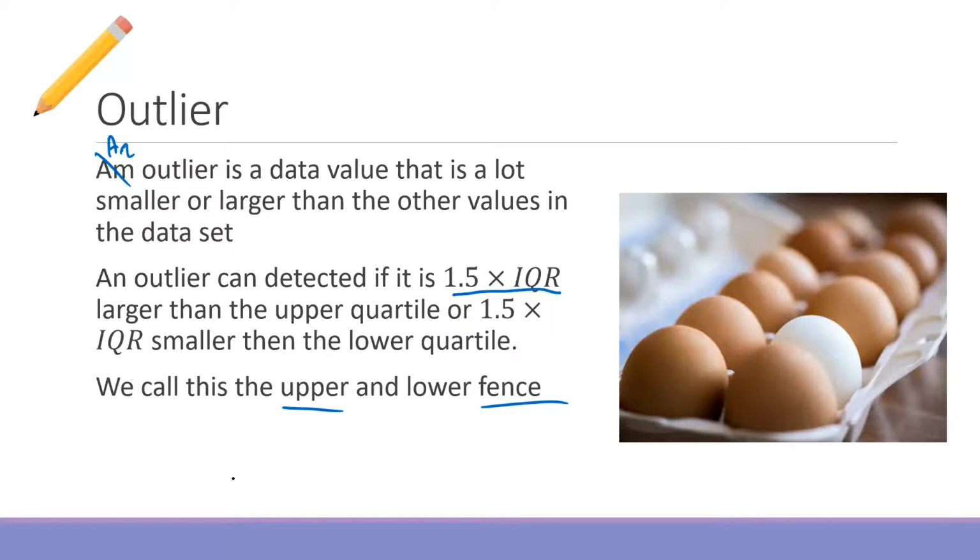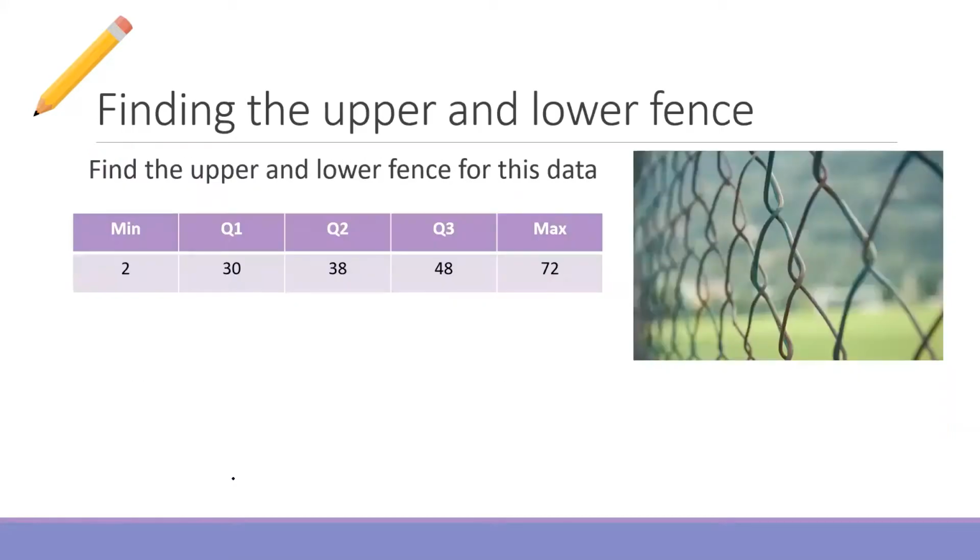I'm going to show you how to deal with outliers now. Let's start by calculating the upper and lower fence of this data. To do that, we need to do a couple of steps. The first step is to find the interquartile range.